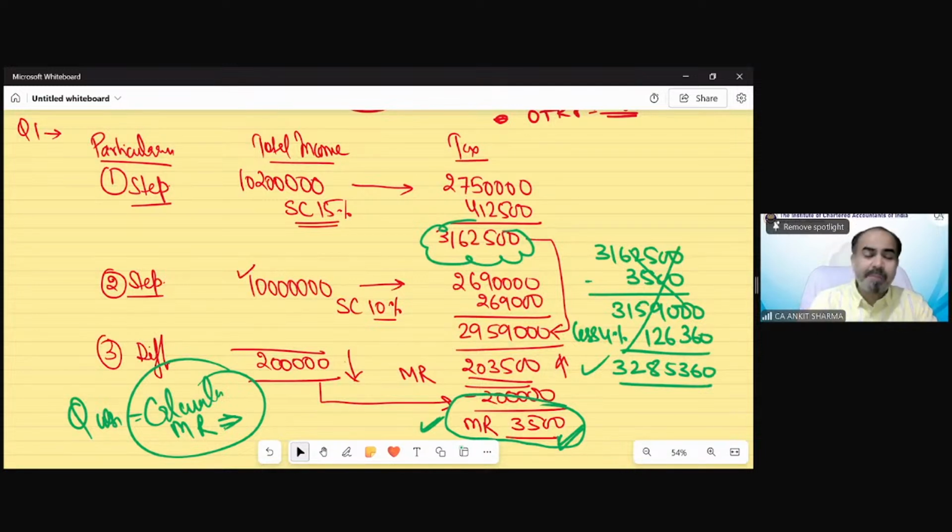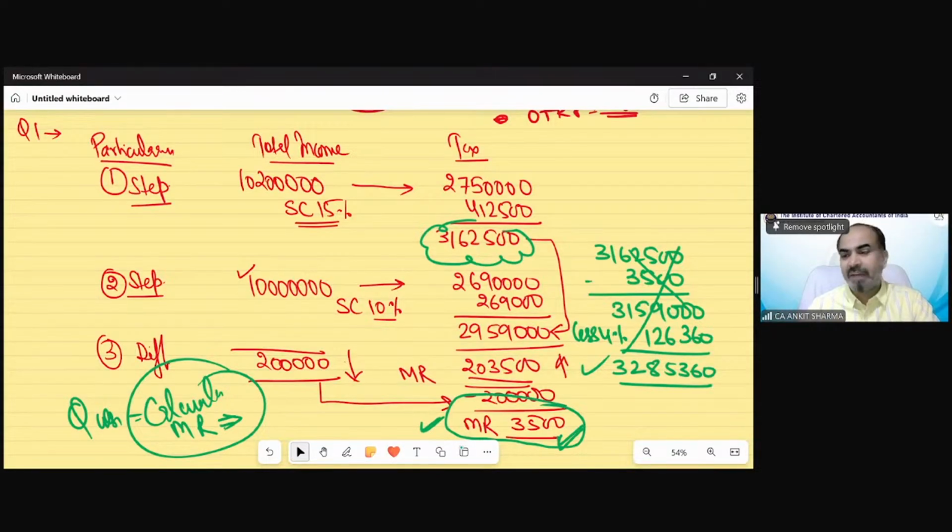And the second and most important thing, our examiner, the person who is going to check your copies, is just like a client for you. And you are giving answers they are not even asking. Suppose I am a practicing chartered accountant and my client comes to me and asks about the salary tax.